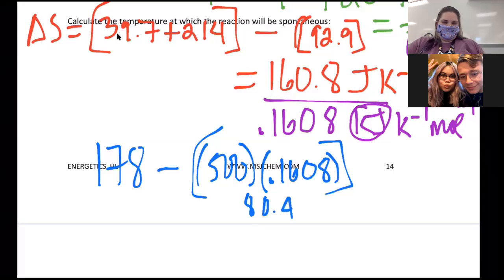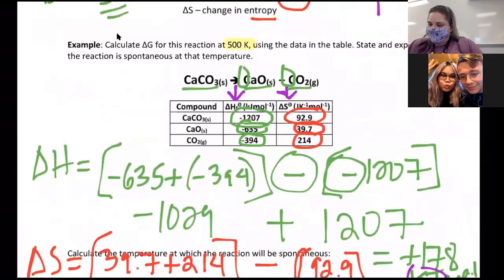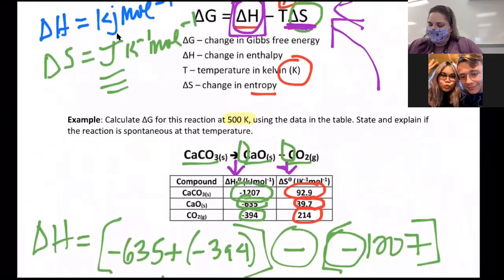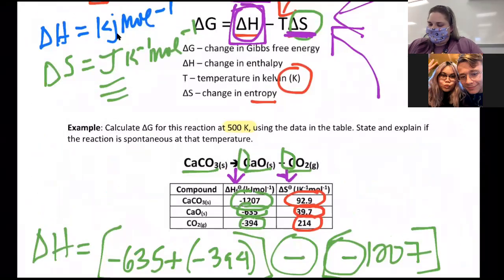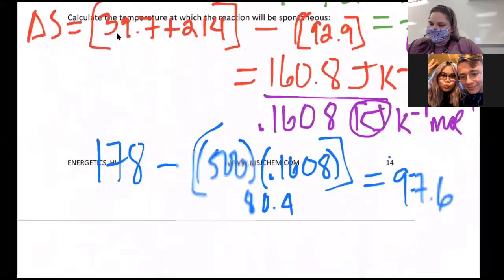And you get 97.6 for the answer. Oh, okay. Yeah, you already subtract. Yep. So then when I subtract 97.6, okay, and then your units, like it says up here, is going to be your kilojoules per mole, okay, because the Kelvin canceled out from the temperature.